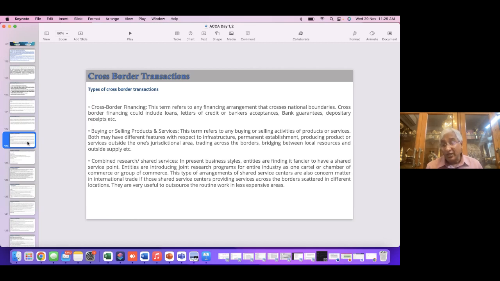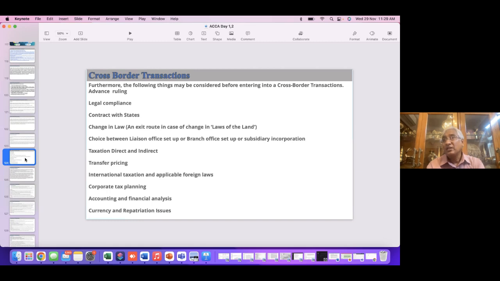A country having a lower tax bracket, showing more profit there, will actually benefit the entity as a whole. This is a technique taken by MNCs. So one must be very careful about the pricing formula and the compliance status of these related party transactions as well as the cross-border transactions.